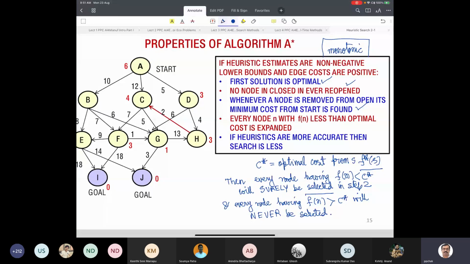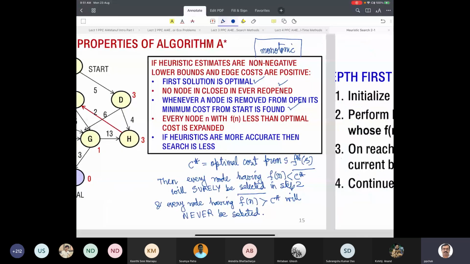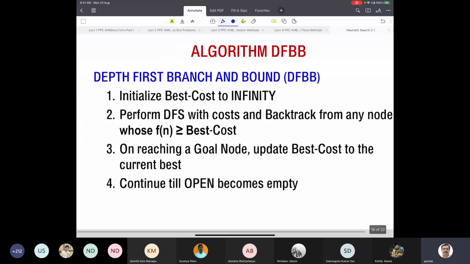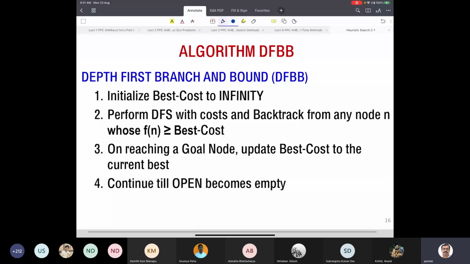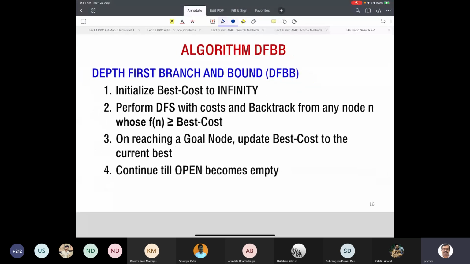So with these properties of algorithm A star, today at 5 o'clock, before we move to depth first branch and bound, I will give you a set of tutorial assignments to do. I've noticed that many of you are sleeping, many of you are wide awake, many of you are participating well.